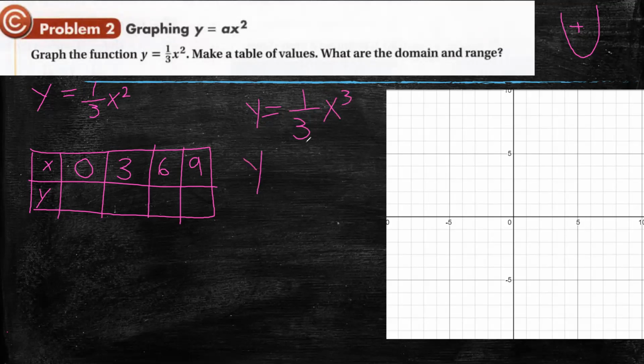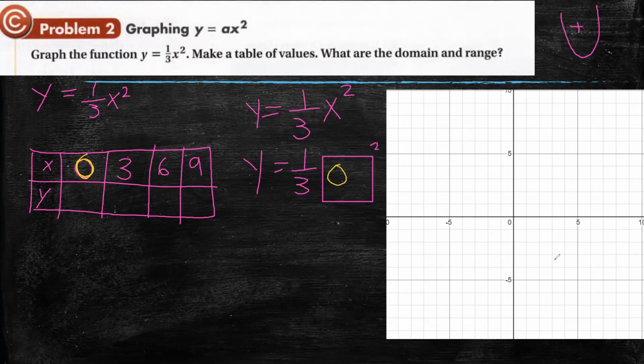So y is one third x squared, and instead of x, I put the point 0.